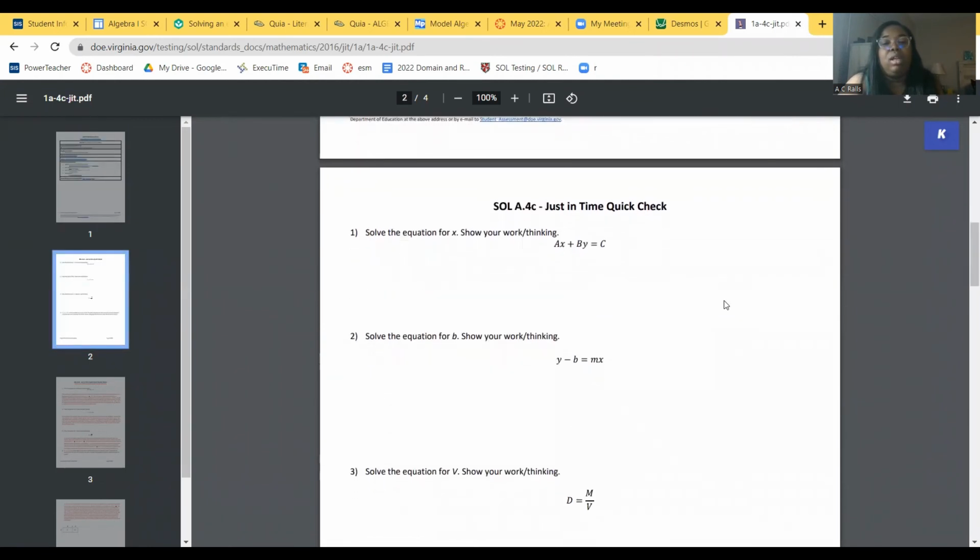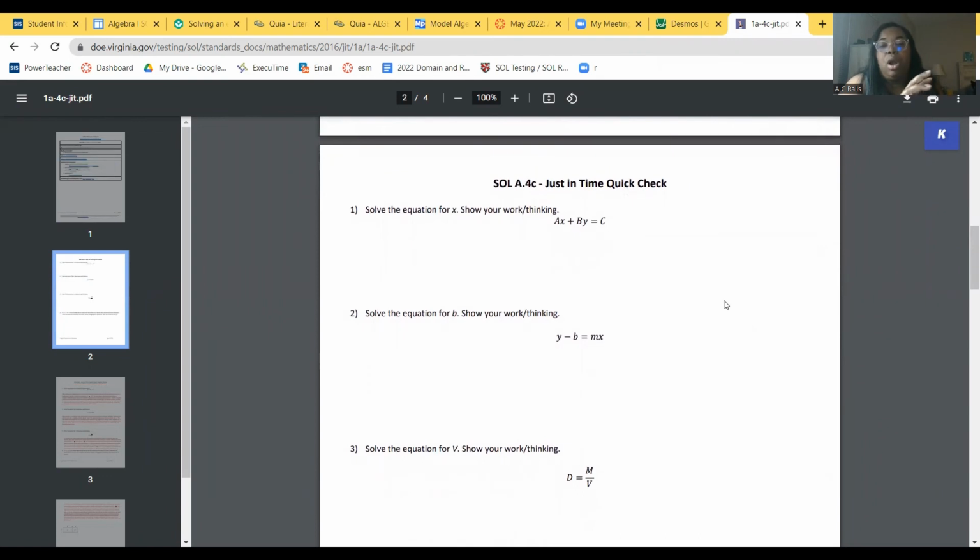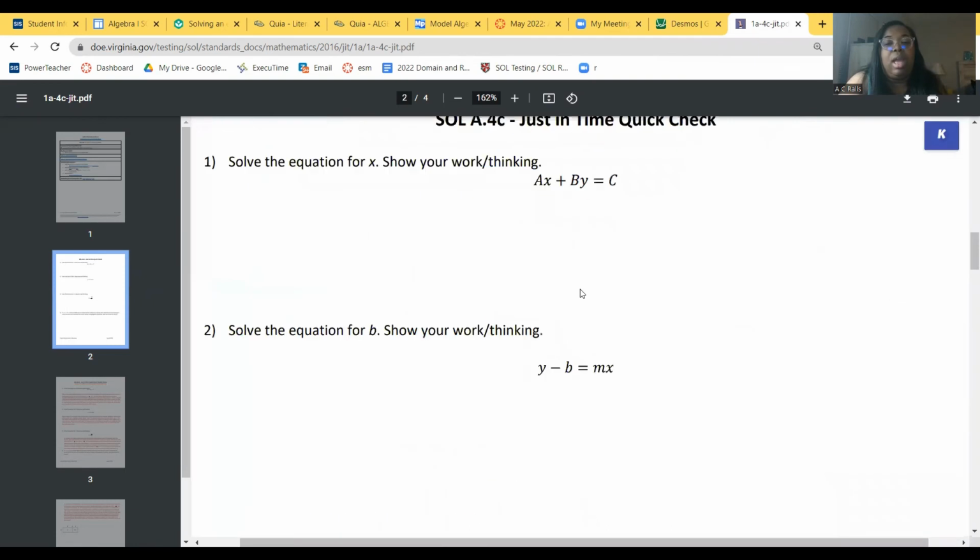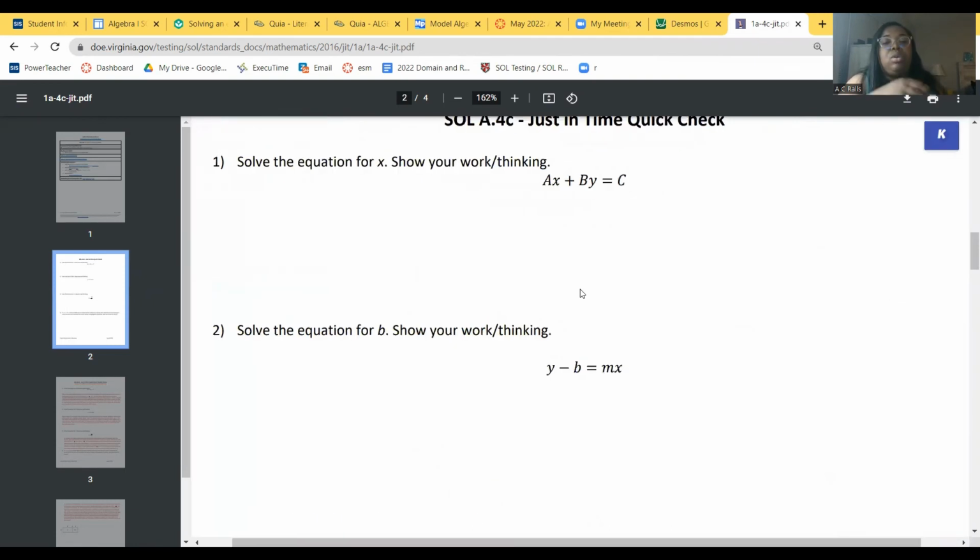Now, literal equations are the ones where you have to solve an equation for a variable.